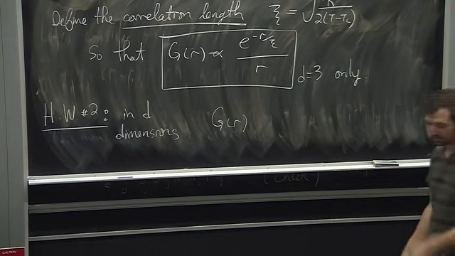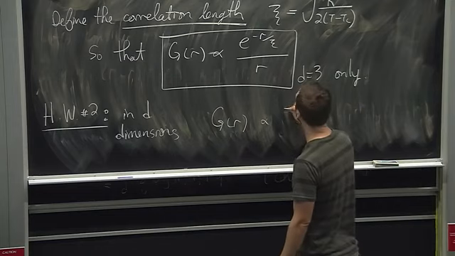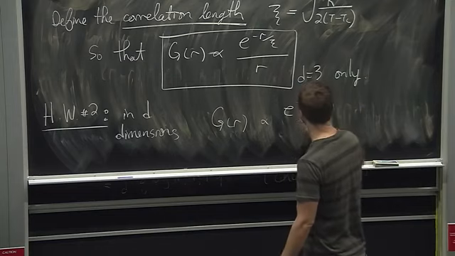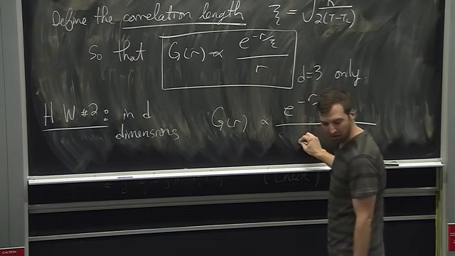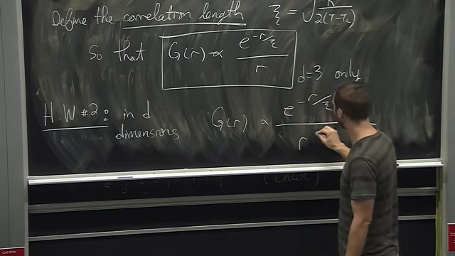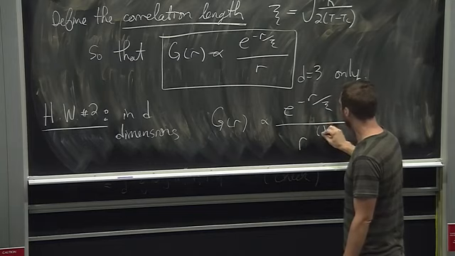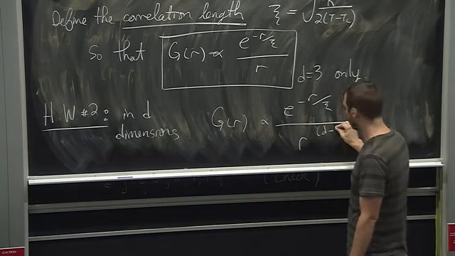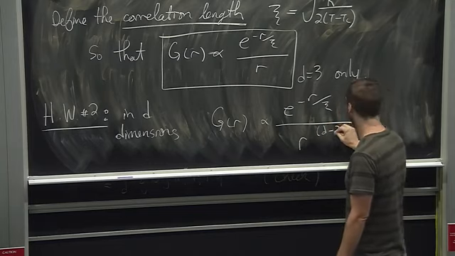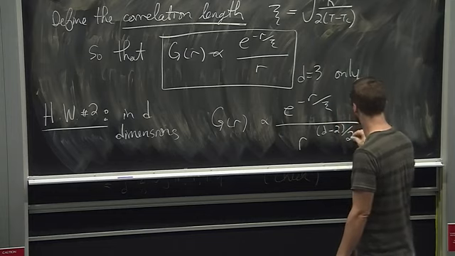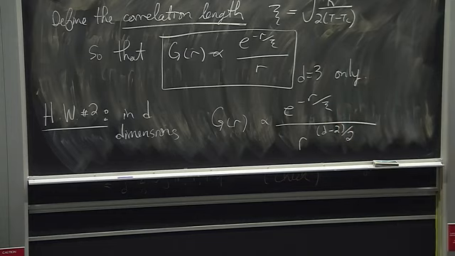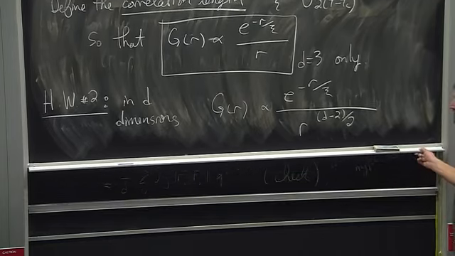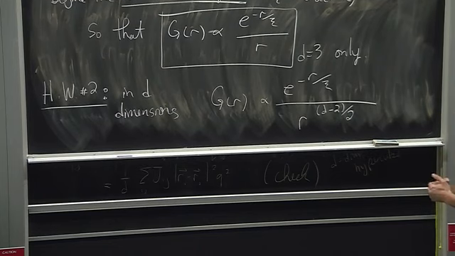So it's going to go e to the minus R over xi, with D minus 2 over 2. There's another exponent, the anomalous dimension, but I'll talk about it later.